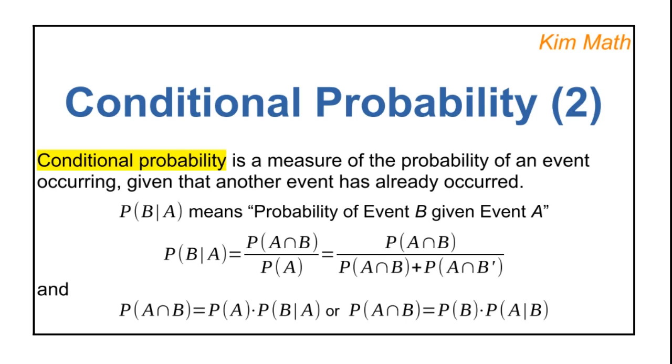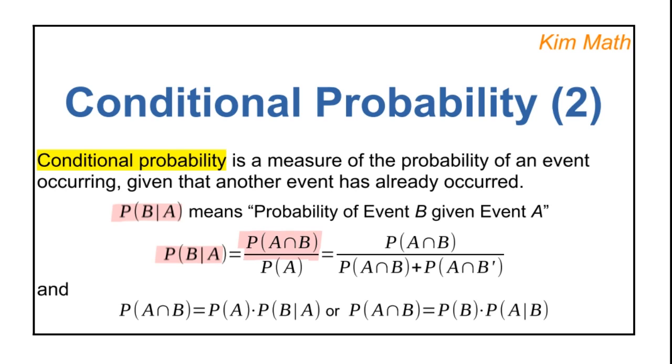Conditional probability is a measure of the probability of an event occurring given that another event has already occurred. We have a symbol over here which means probability of B given A. And how can you find the probability of this one?